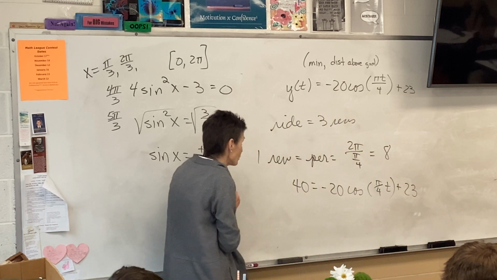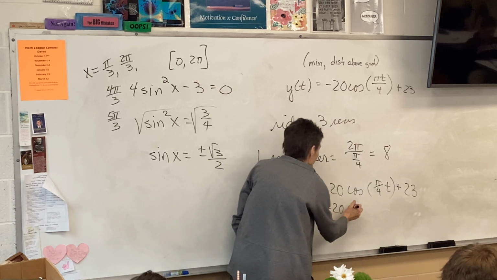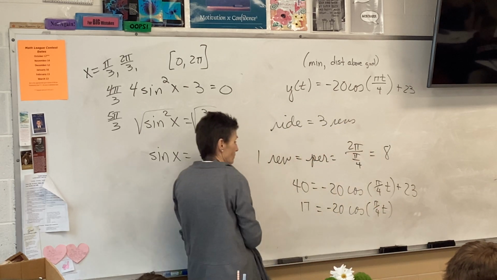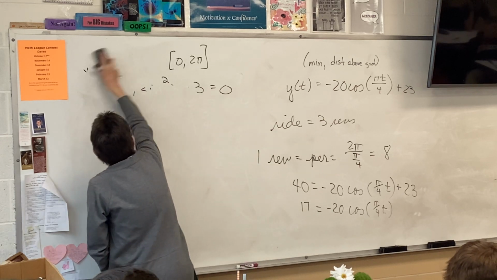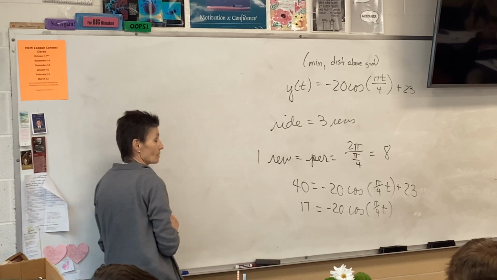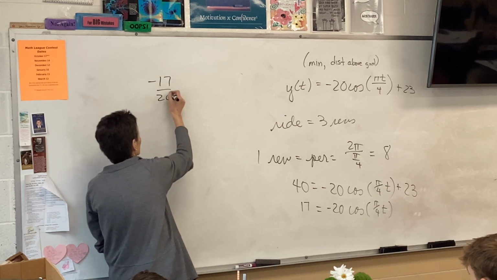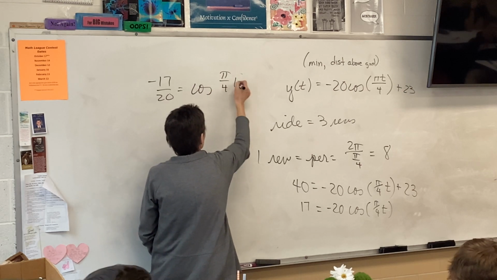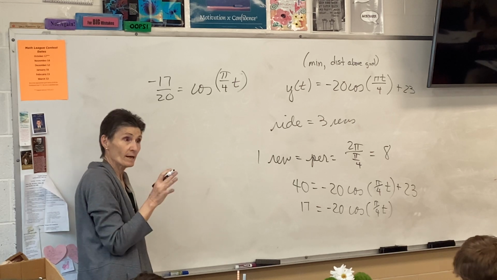So let's subtract 23 and we get 17. And then what shall we do? Divide by negative 20. Everybody okay up to this point?